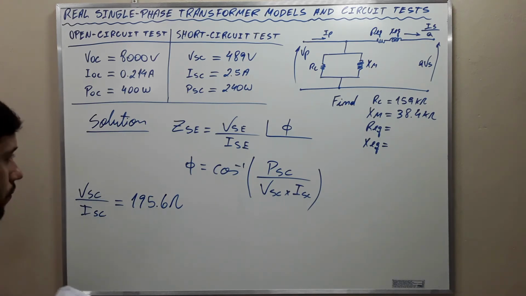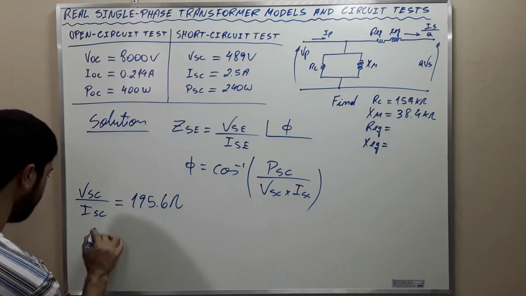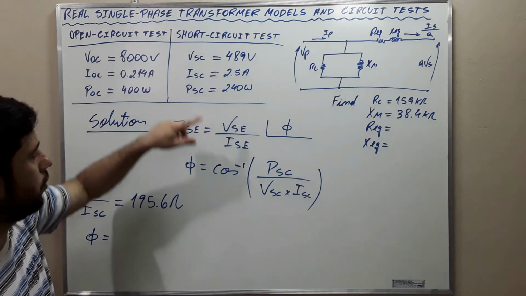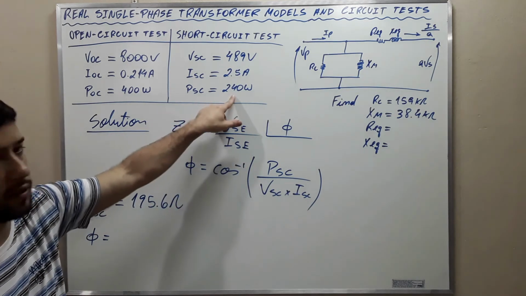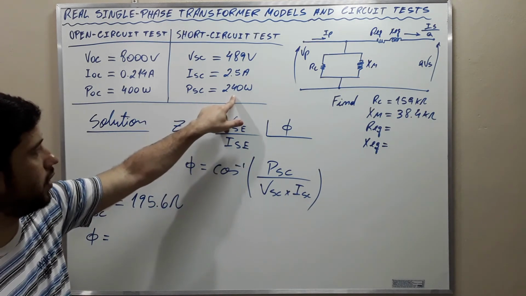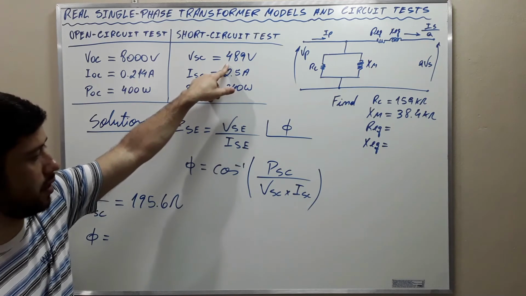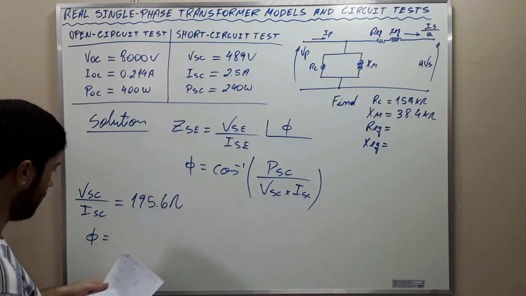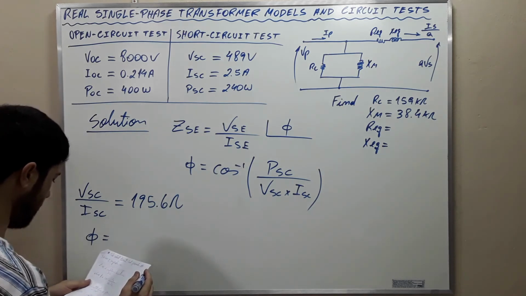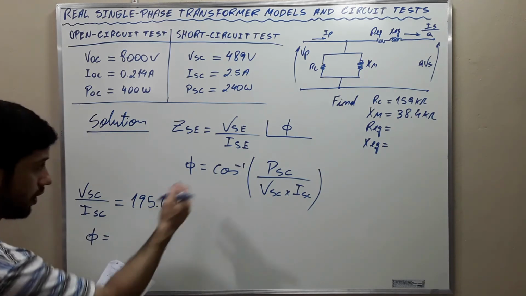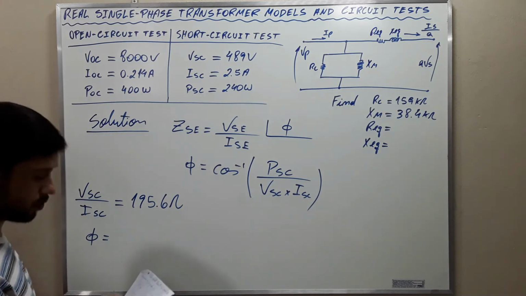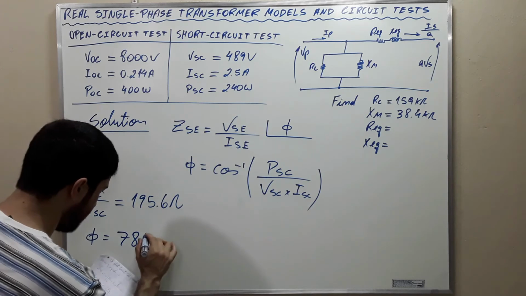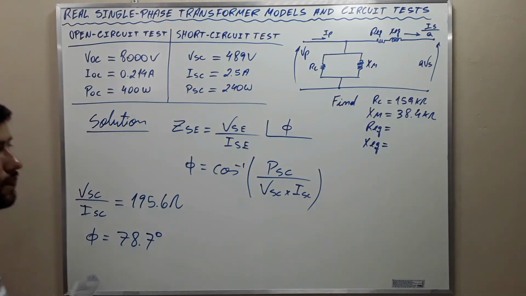And the angle phi will be equal to, we can simply use for PSC 240, for VSC 489, for ISC 2.5, and then we take the inverse cosine and we find 78.7 degrees.